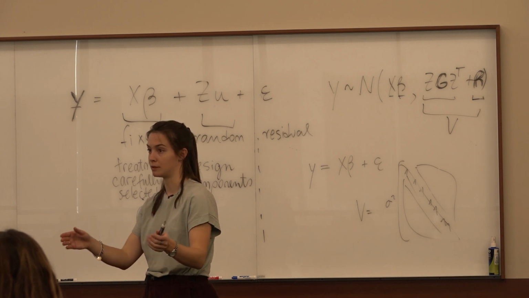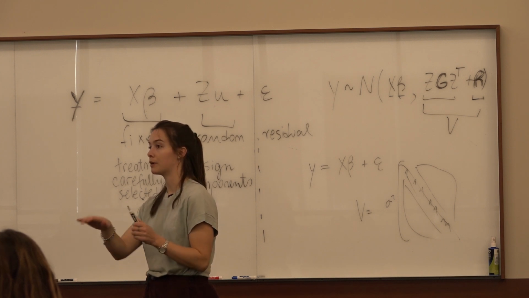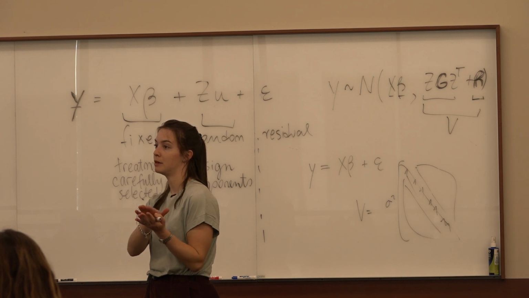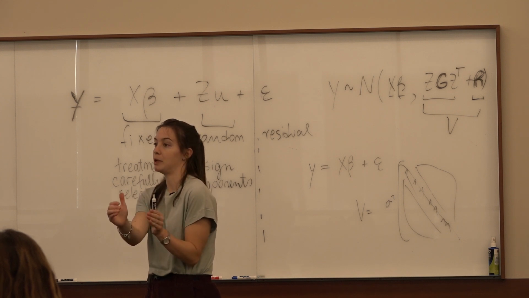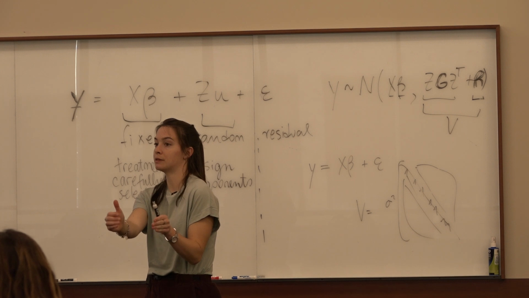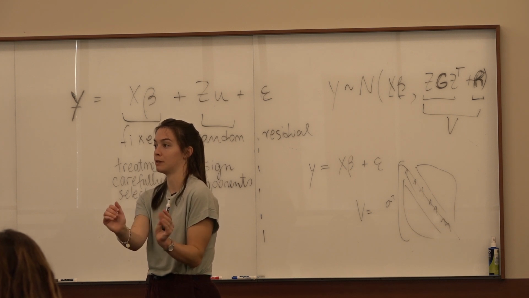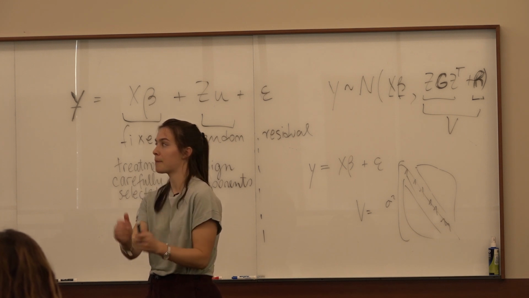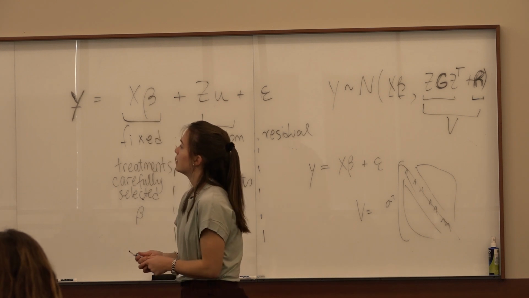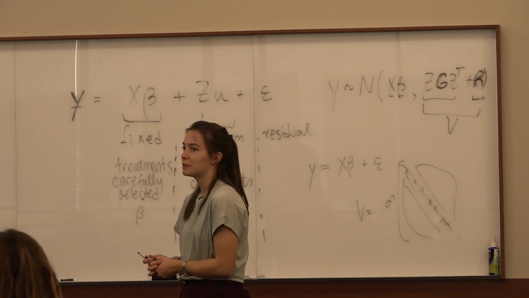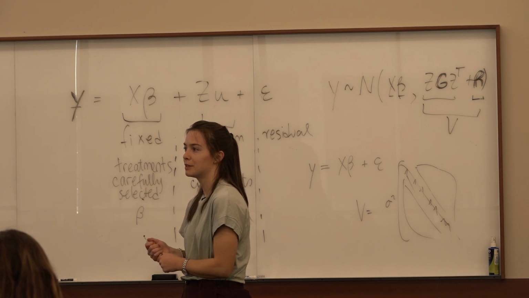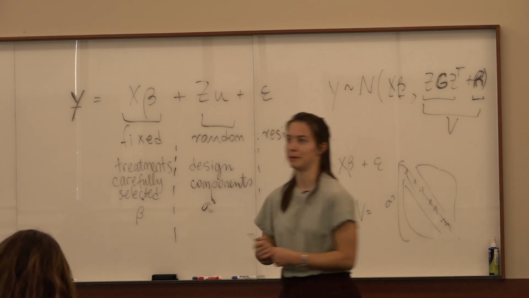Example, blocks, right? There is one area in the field that is more fertile. We want to make that a block, right? And say all these plots were in similar conditions. Okay? Experimental units versus observational units. That's a big deal for animal people, right?